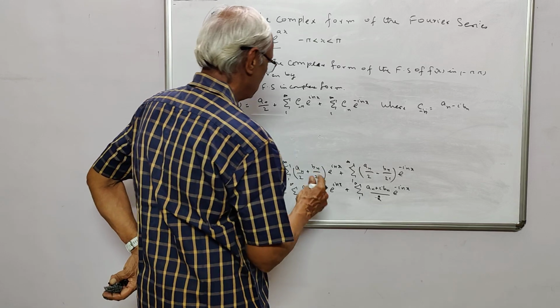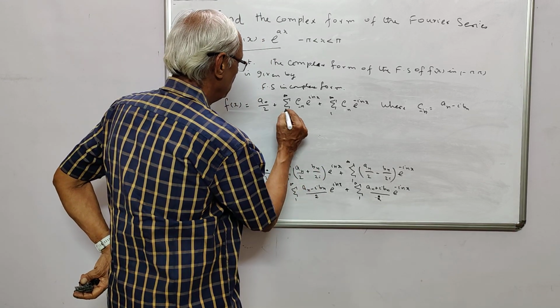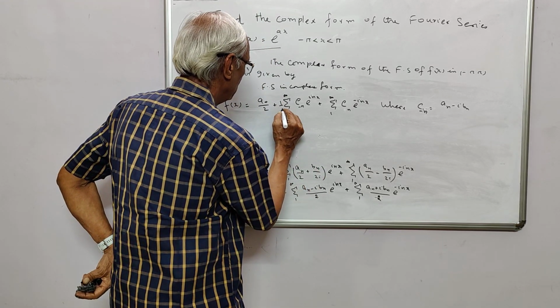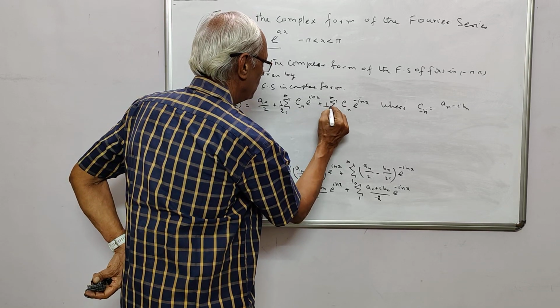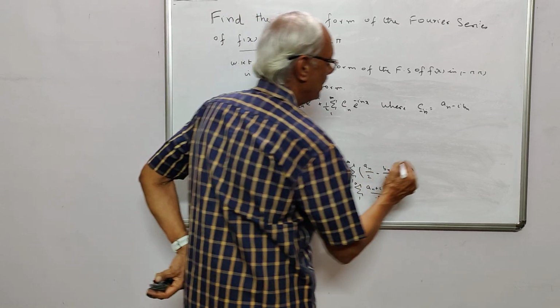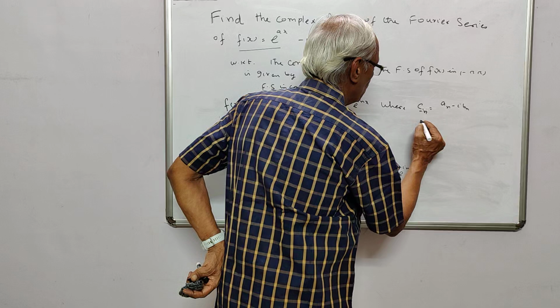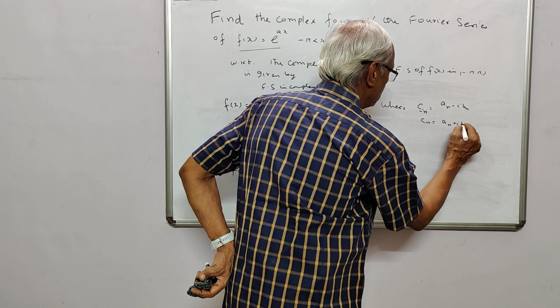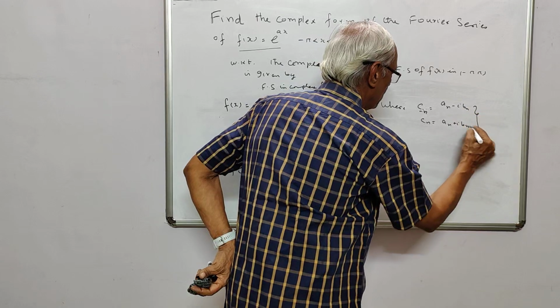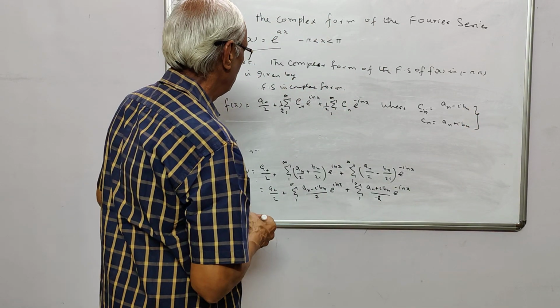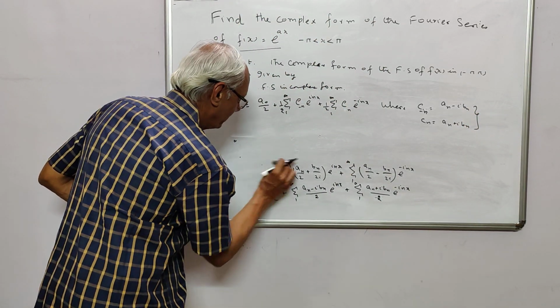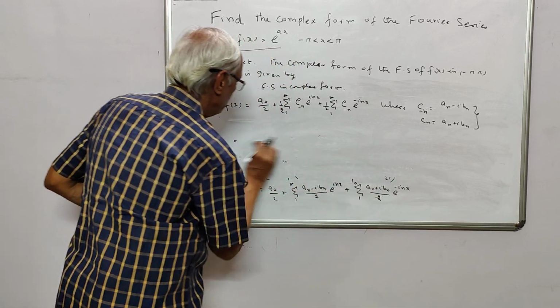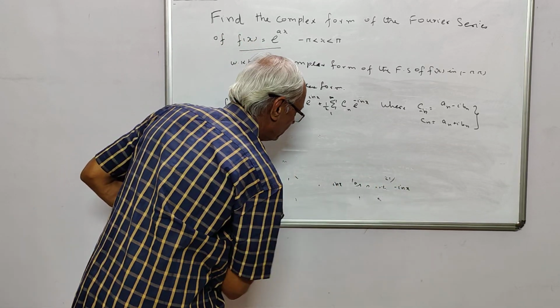You can take this half outside, here also take this half outside. So C minus n is equal to so much, and Cn is equal to an plus ibn. So this is what I get. Now you see that I will put it here. So this one I have got here.